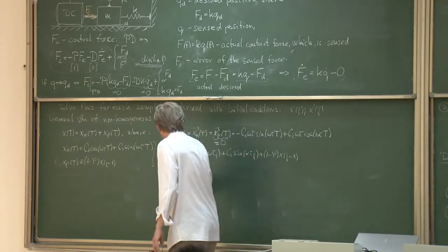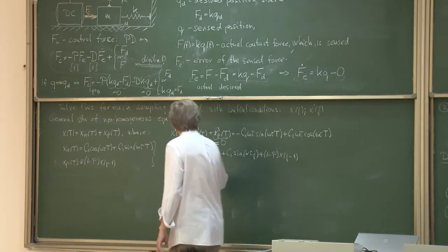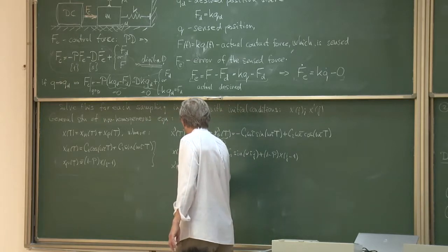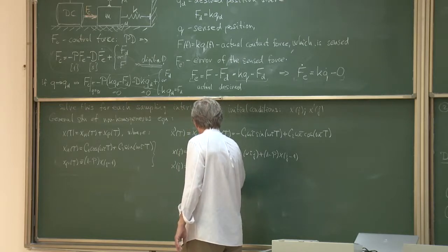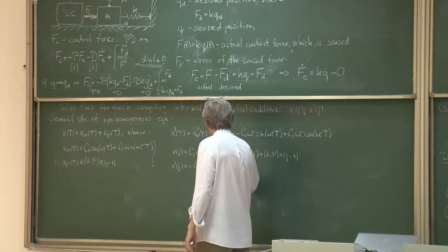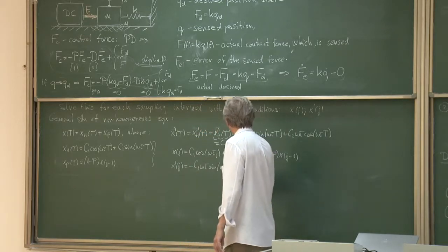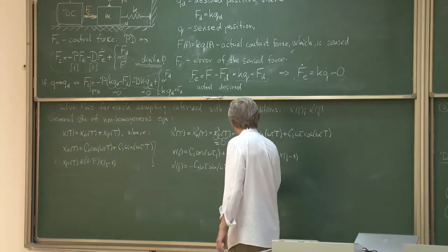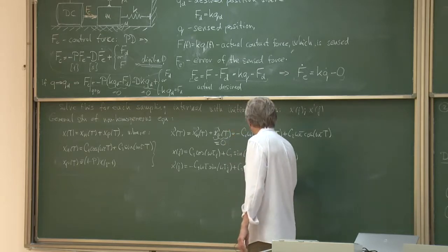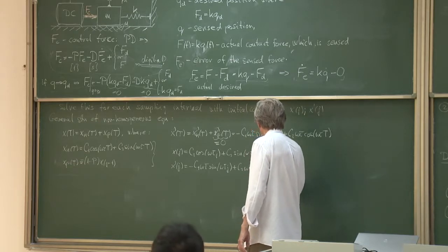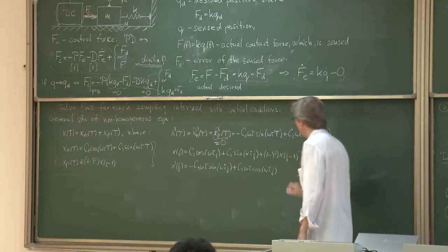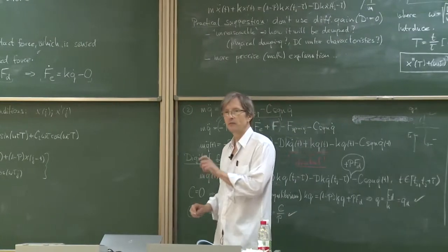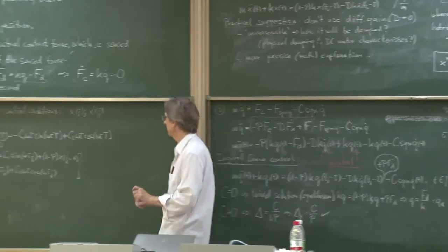And then x prime at j will be minus C1 omega tau sine of omega tau times j and plus C2 times omega tau times cosine omega tau times j. Okay? So these are the two equations which actually should be solved for C1 and C2.